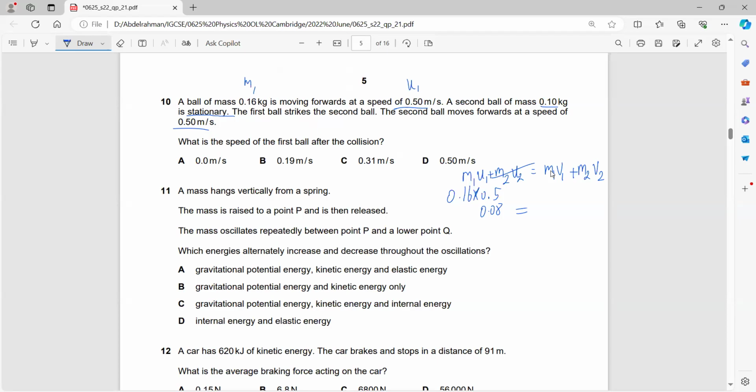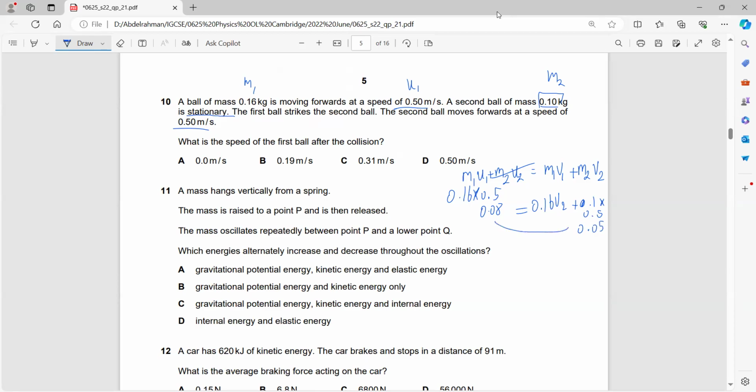0.1 is M2. So it would be 0.16 times V1, since we don't know V1, plus M2V2, which is 0.1 times 0.5. 0.1 times 0.5 is 0.05.